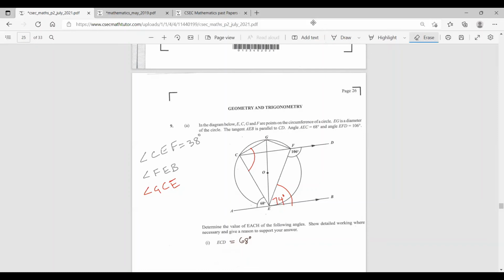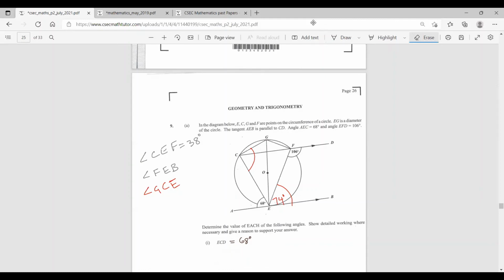Any ideas? Before the answer, GCE, that's a triangle as well, right? And GE is 90 degrees.